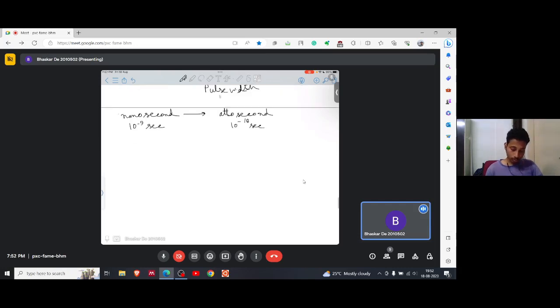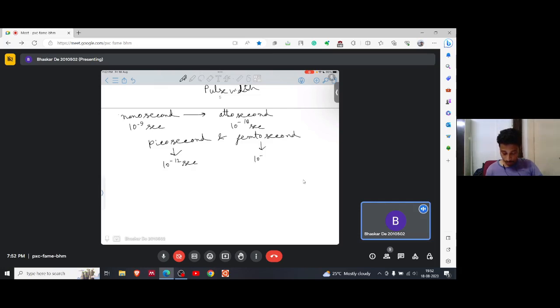But mostly the kind of pulse laser you will see in India or in any research laboratory is the picosecond and femtosecond. Picosecond is 10 to the minus 12 second, and femtosecond is 10 to the minus 15 second.